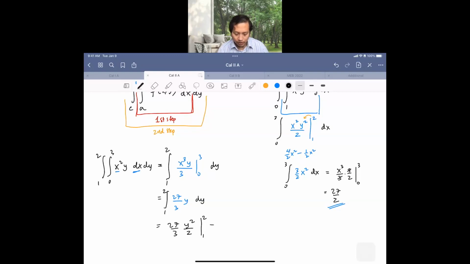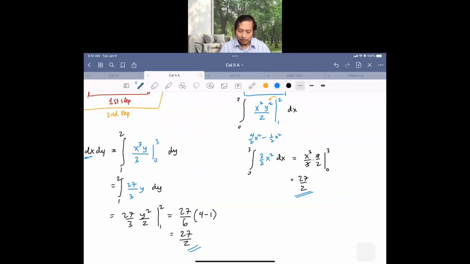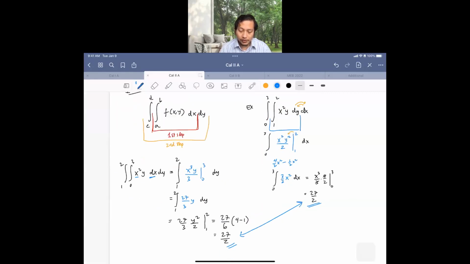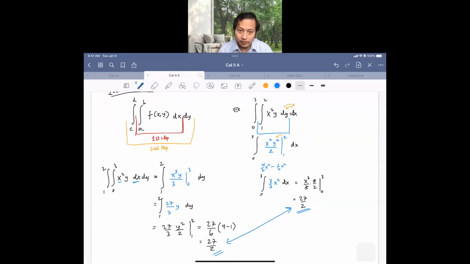So this will be equal to 27 over 6 y squared, where y squared is 4 minus 1, so it should be 3. So it should be 27 over 2. So we get the same result. Actually, these iterated integrals can be exchanged, dx dy or dy dx. No big deal, still the same result.